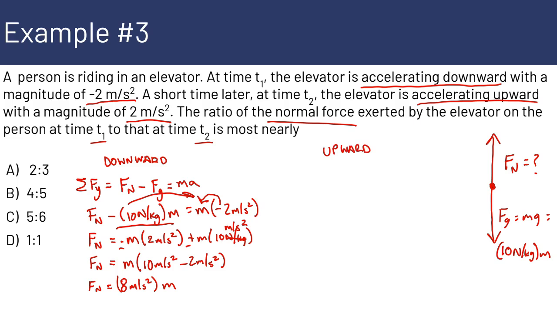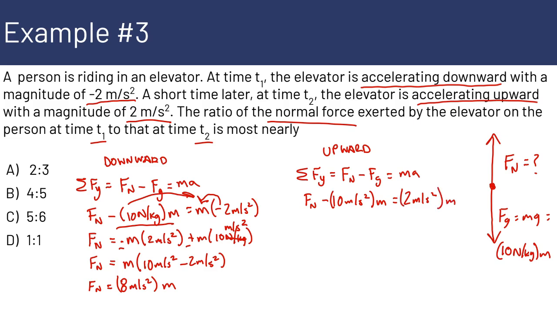Okay, so I've got the same sum of forces, but I'll write it again. Is equal to Fn minus Fg, and that's equal to ma. So we have Fn minus 10, and I'll do this in meters per second squared the first time, so we don't have to change units, times m is equal to, now this time we have a positive acceleration. So we have 2 meters per second squared times mass.